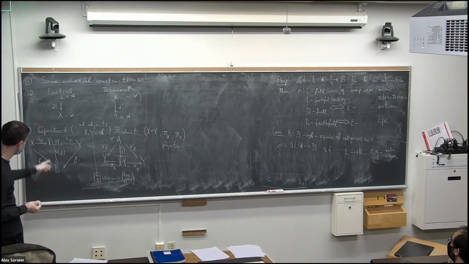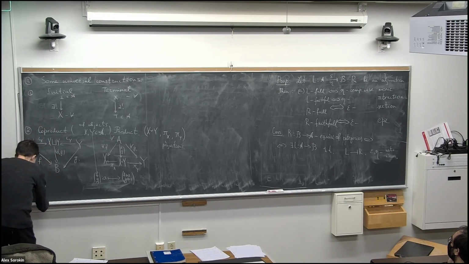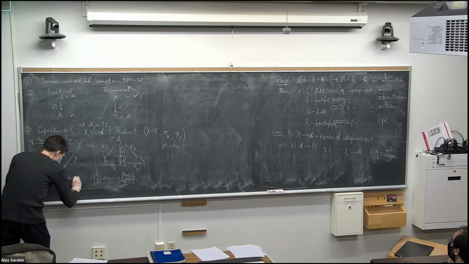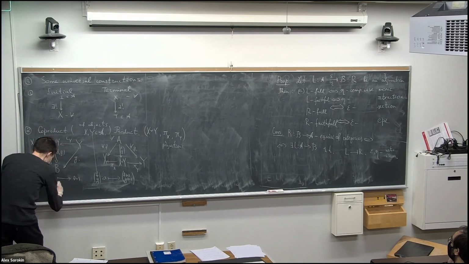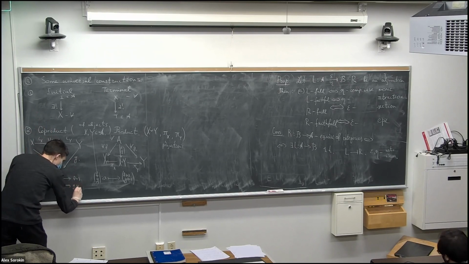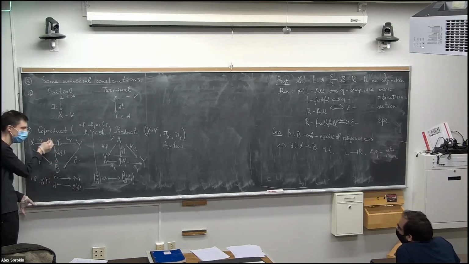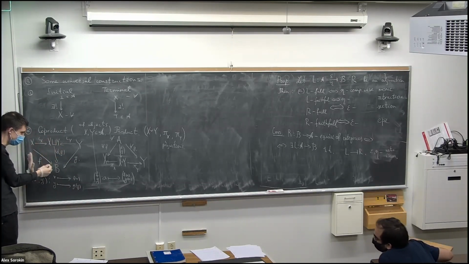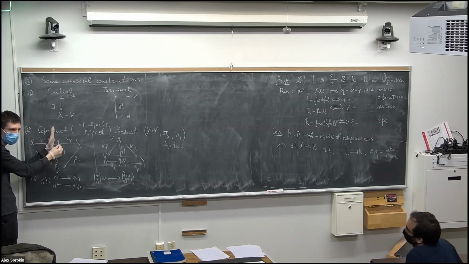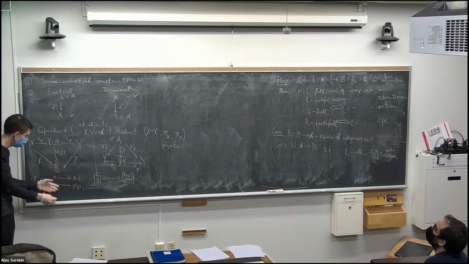What does this function do? It will take x to f of x, y to g of y. So on the half that belongs to x, it acts as f. On the half that belongs to y, it acts as g. That's such a function.